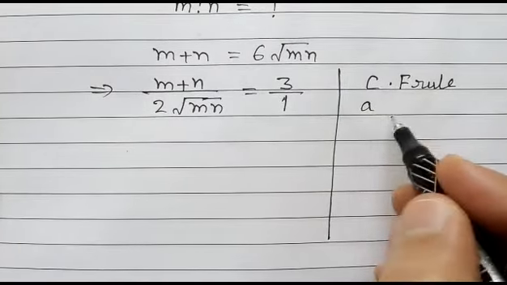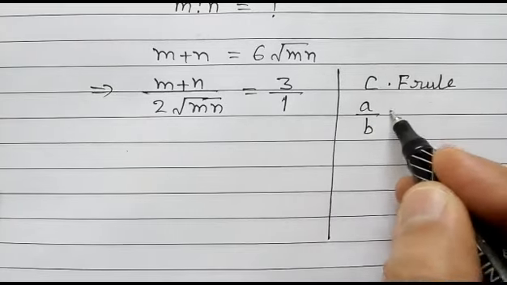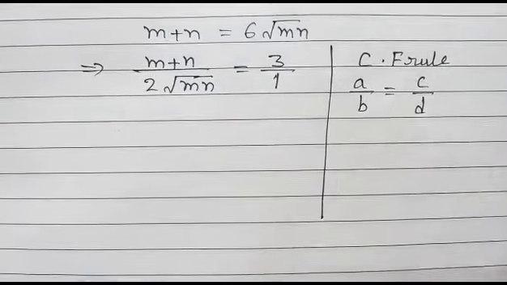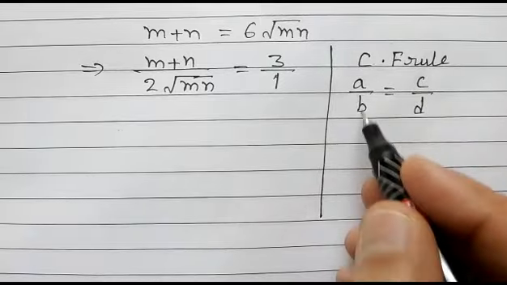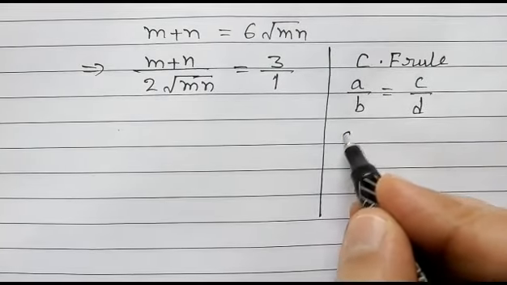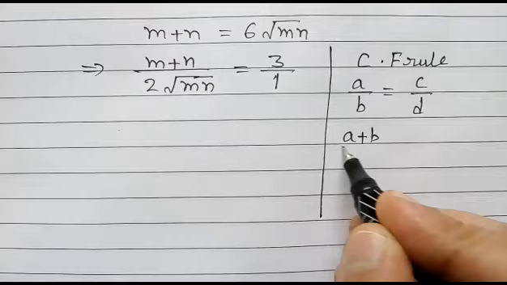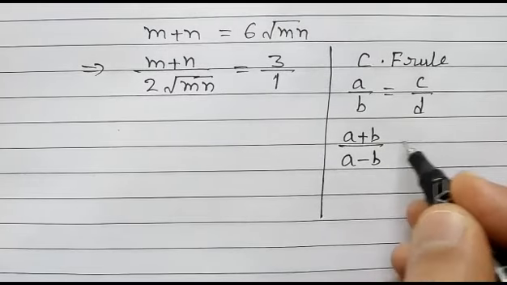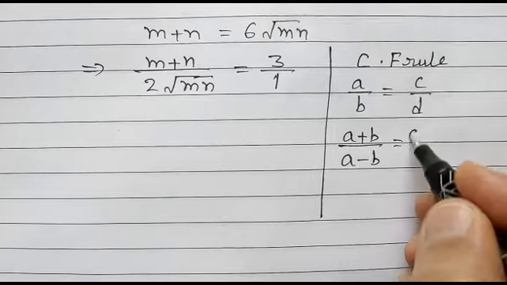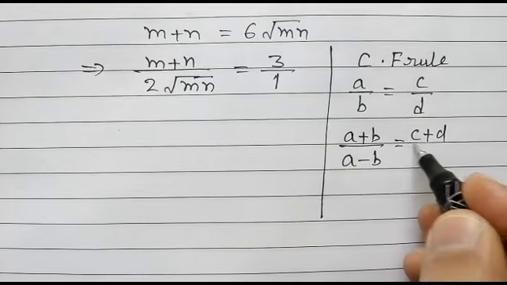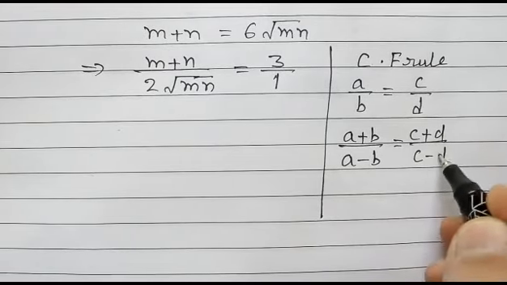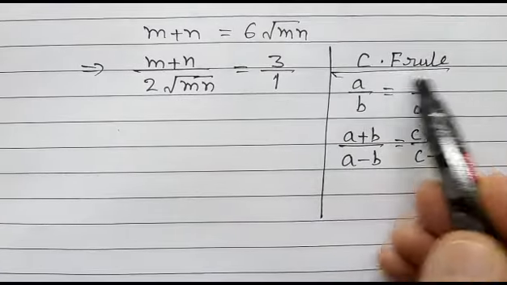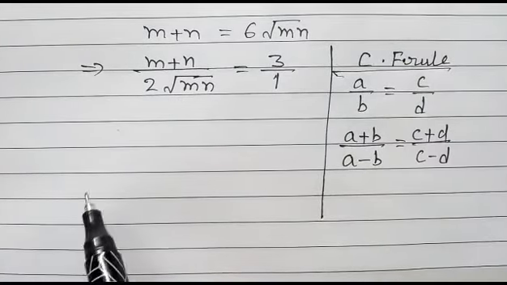As we have A over B is equal to C over D, we can write it in another form as (A plus B) over (A minus B) is equal to (C plus D) over (C minus D). So we will use this componendo and dividendo rule.